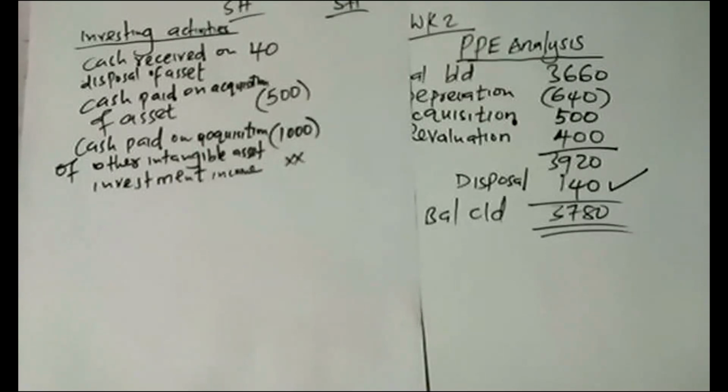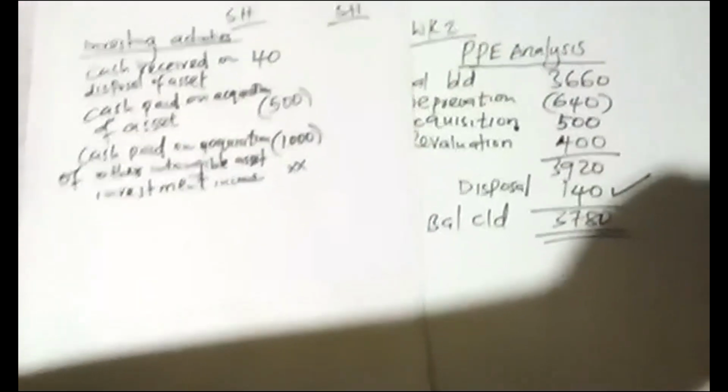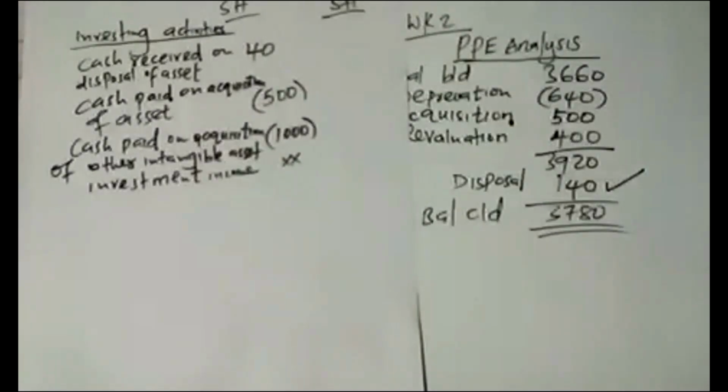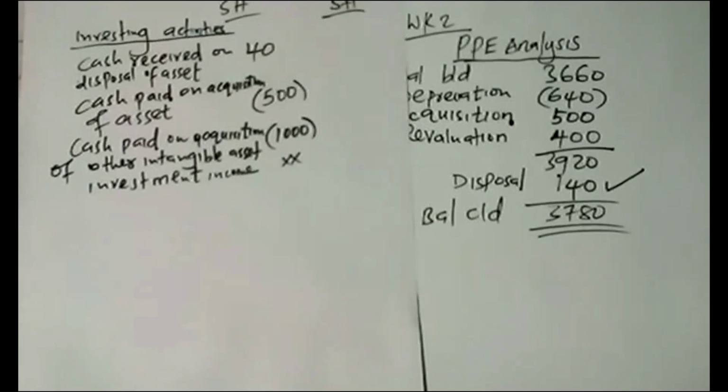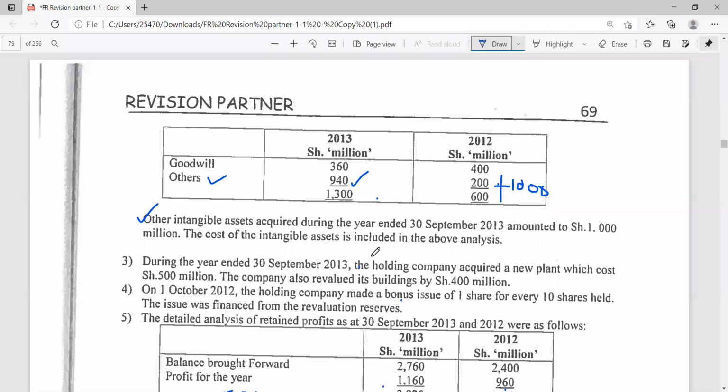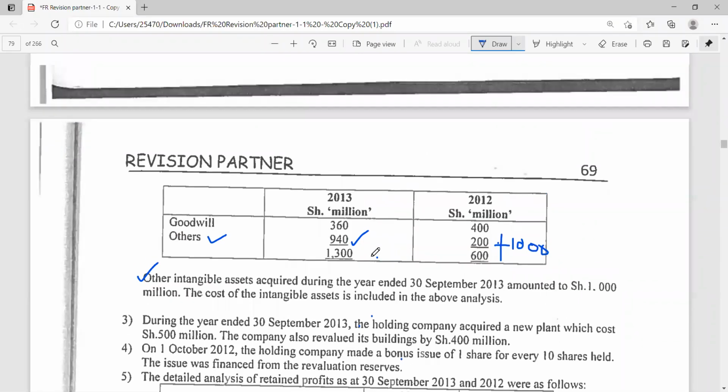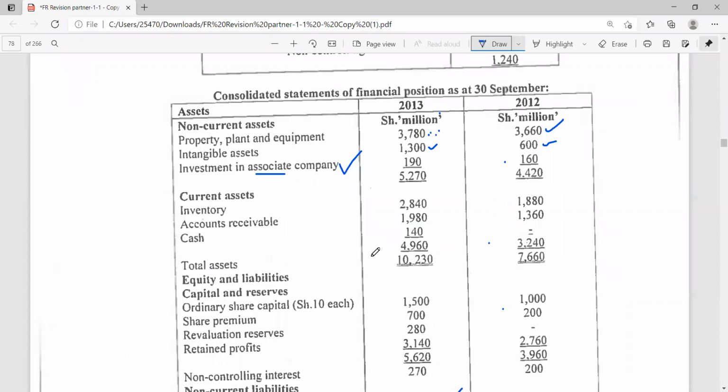So anyway, the next thing we move to is investment in associates, which I said we check under the non-current assets. So under your non-current assets, investment in associates. At the start it was 160.